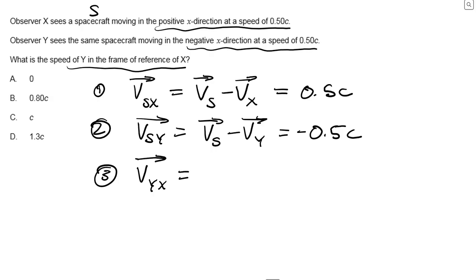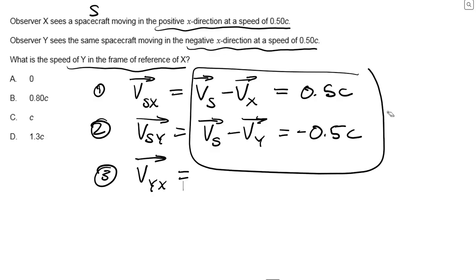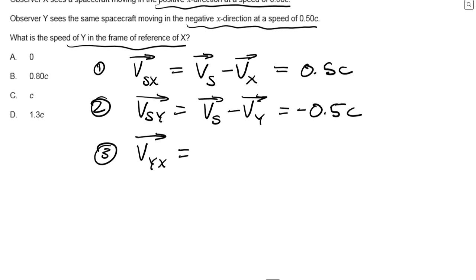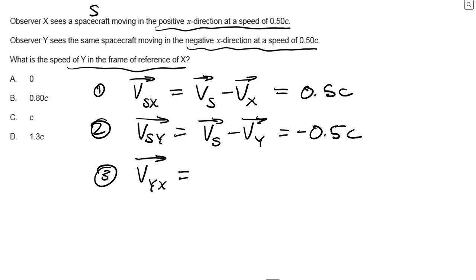So now all we have to do is simply use these to find an equation. And remember, this is special relativity. What we're doing here is Newtonian relativity. But this helps us understand. So this is what I always do. I always first use Newtonian, and then I can use special relativity if this doesn't work out, right?